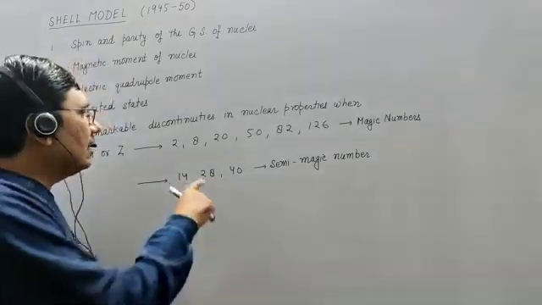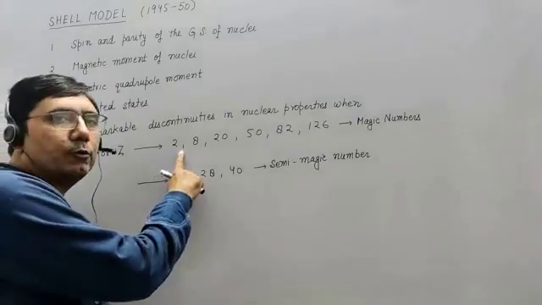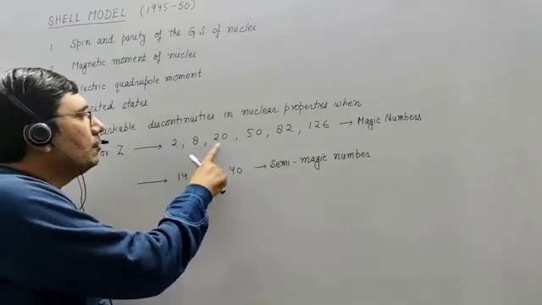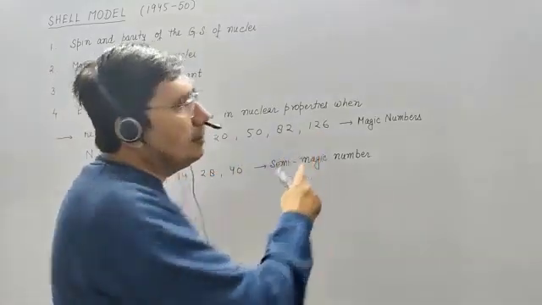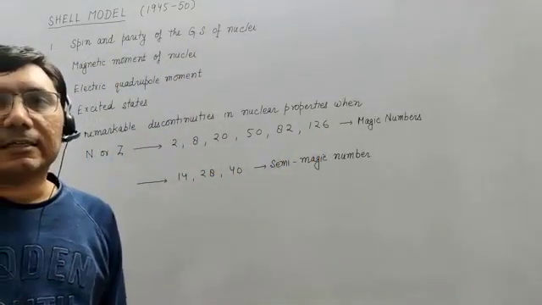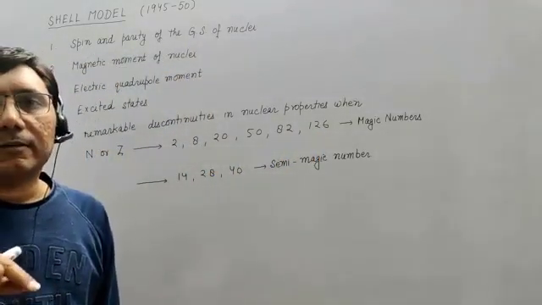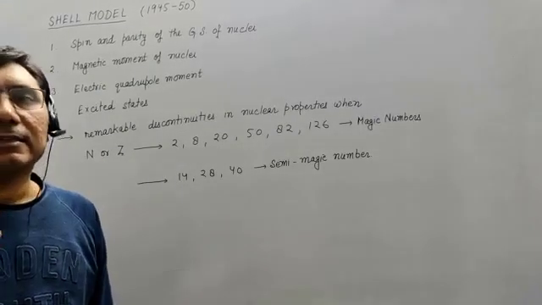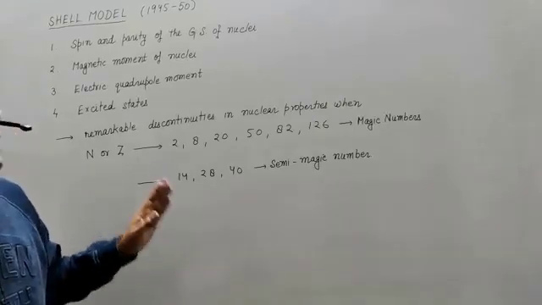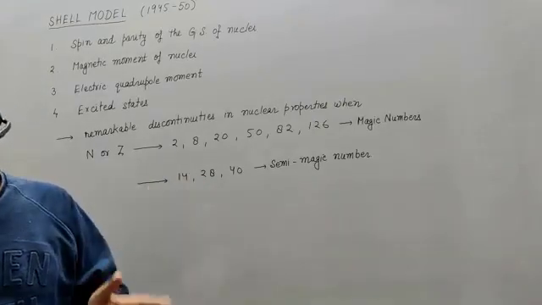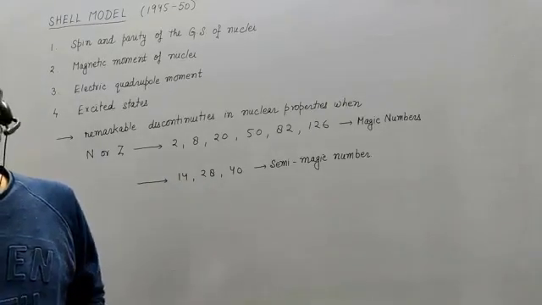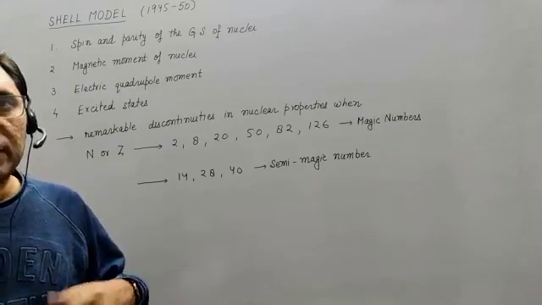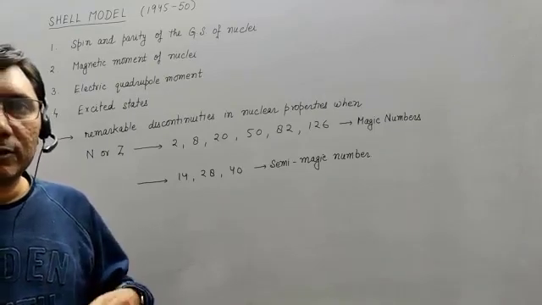So they concluded that when the number of protons and neutrons becomes 2, 8, 20, 50, 82, 126, it means their shell structure is closed. Whenever nuclei have a closed shell structure, with the outer shell completely filled, that type of nuclei will be extra stable, and its properties will show discontinuity.